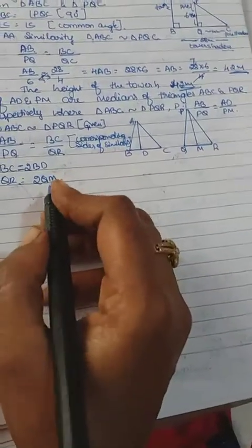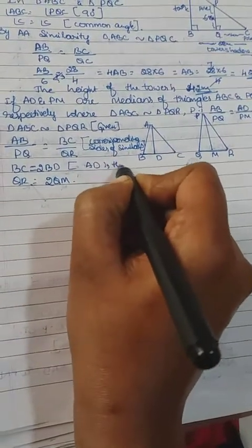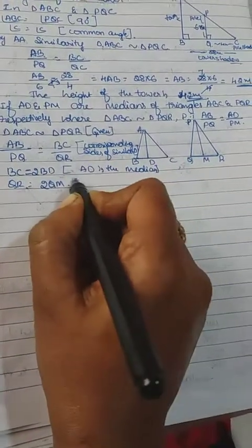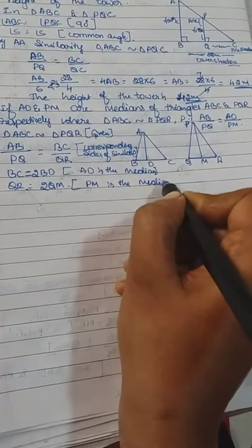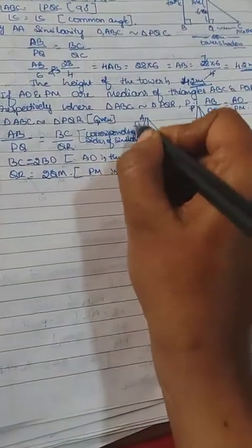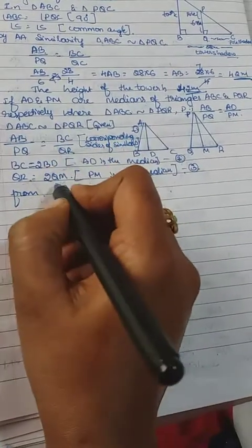So that is why, because AD is the median, and here also PM is the median. Take this as 1 and this as 2 and this as 3. From 1, 2 and 3, we can write, instead of BC and QR we can write 2BD.